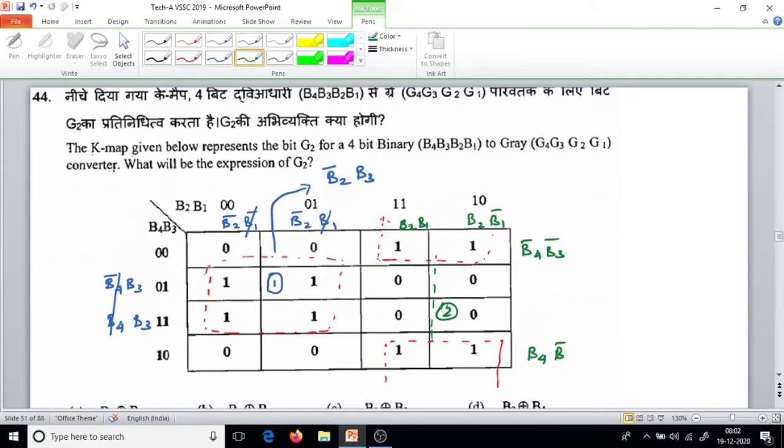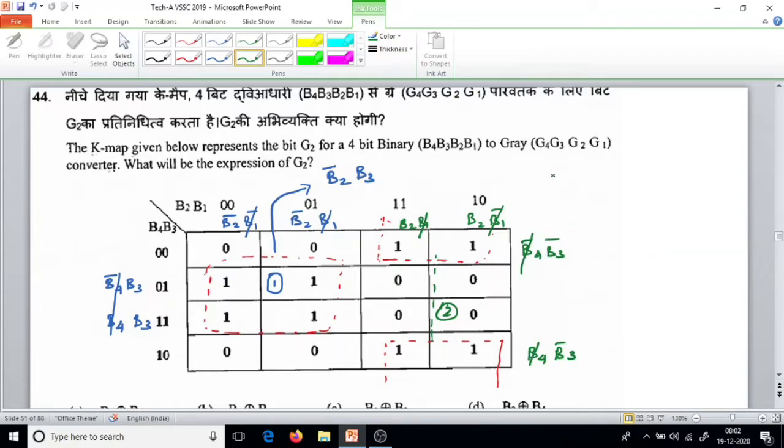Now when you combine these four ones, B1 and B1 bar cancel, and in the horizontal direction B3 bar remains, but B4 bar and B4 cancel.